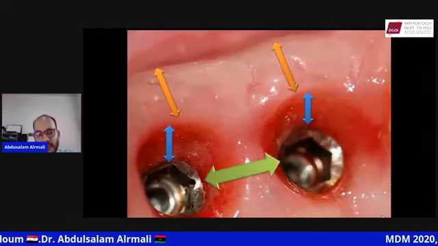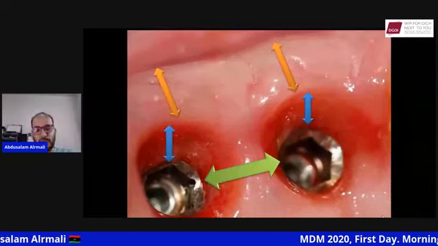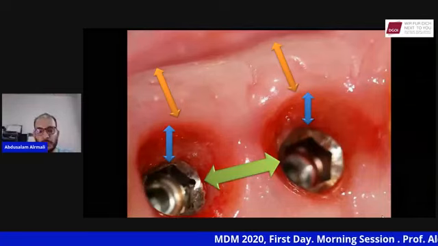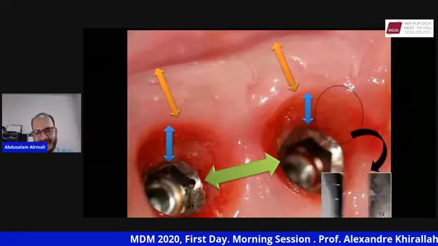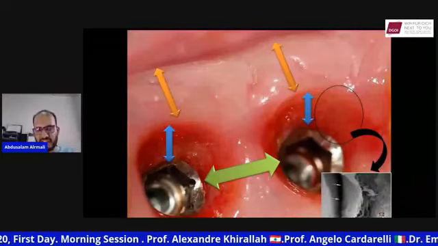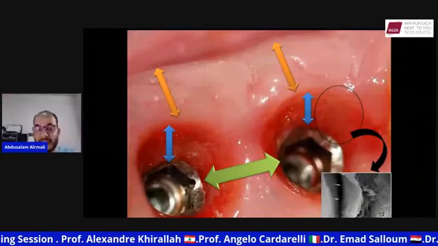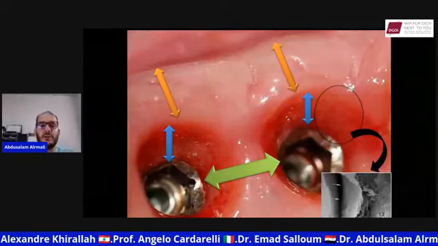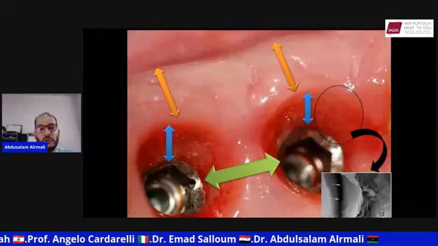You have to keep distance between two implants to support the interproximal bone between them, because as I said, this is the main goal of our treatment, to prevent bacterial invasion and peri-implantitis and maintain the crestal bone and soft tissue for the long term.